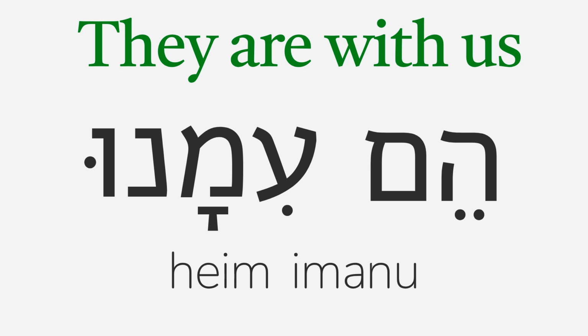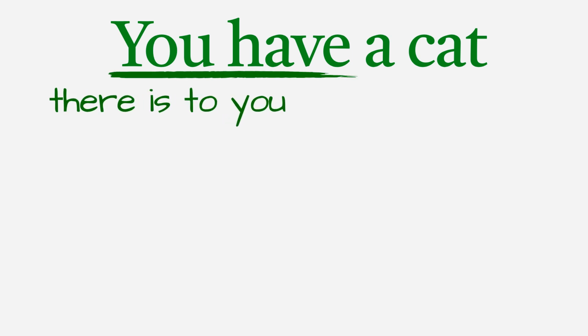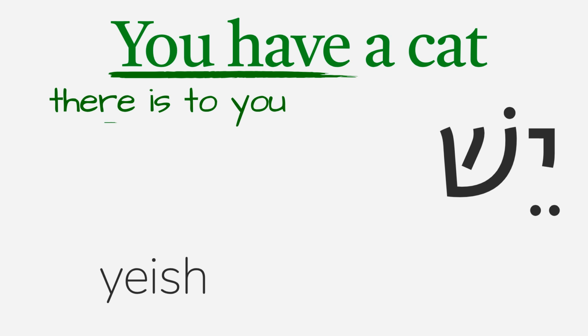Now let's say you have a cat. The Hebrew expression for you have is there is to you. That is yesh, there is, la, to, and on the preposition la, a suffix meaning you. There are 4 different forms of the suffix you.